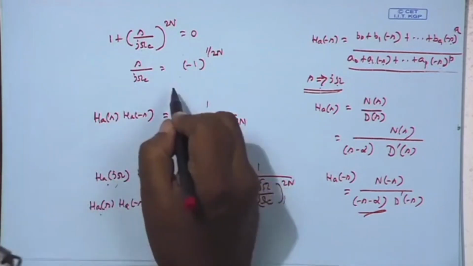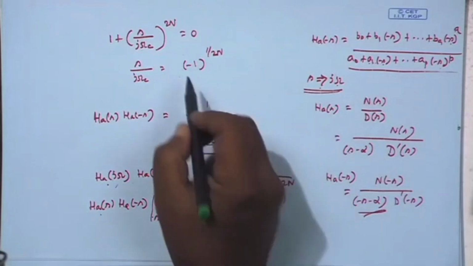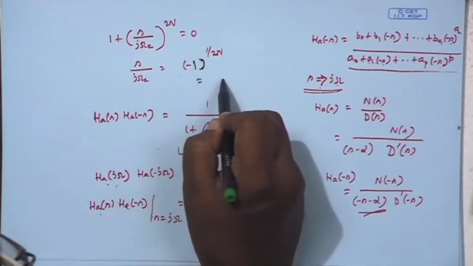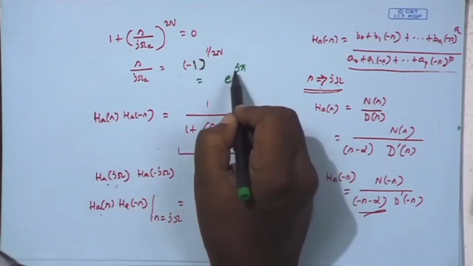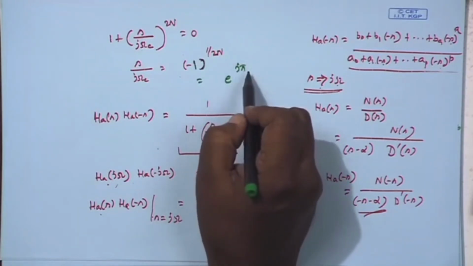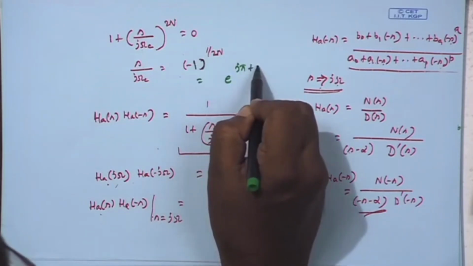Now, minus 1 you can write as e to the power j pi, and then e to the power j pi plus 2 pi, e to the power j pi plus 3 pi, pi plus 4 pi, like that. Okay, pi plus 2k pi.